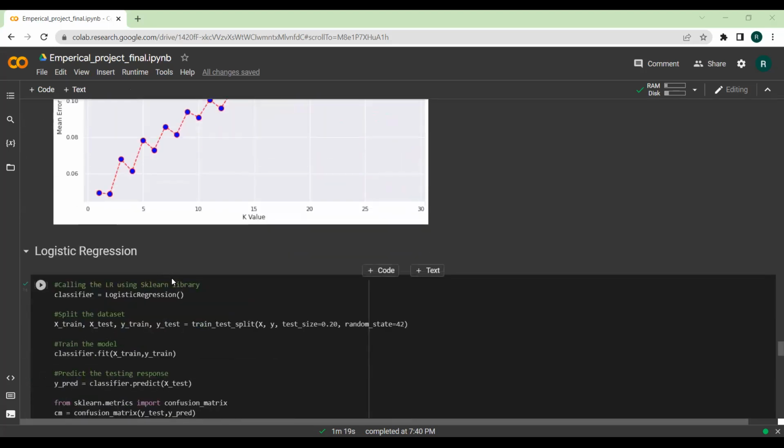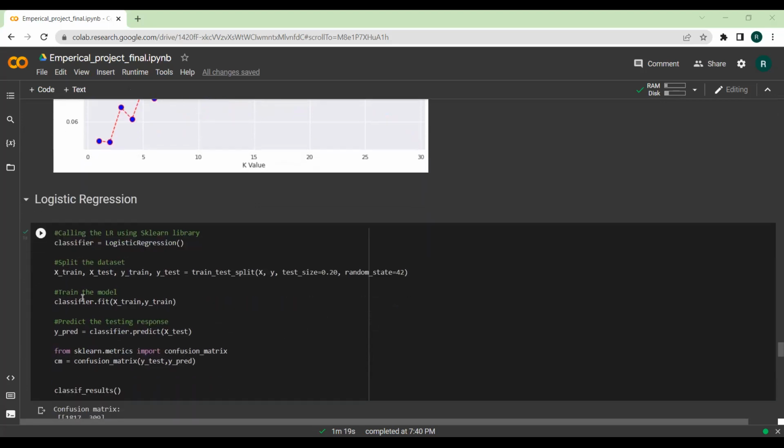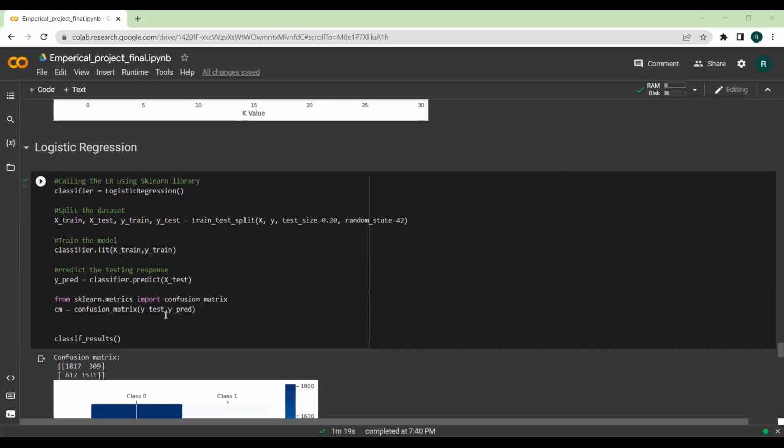After that, we have the logistic regression. We also used the library for the logistic regression, and we split the data set into 80% training and 20% testing size. We also take the random state of 42, and we train the model using the library and check the predictions.